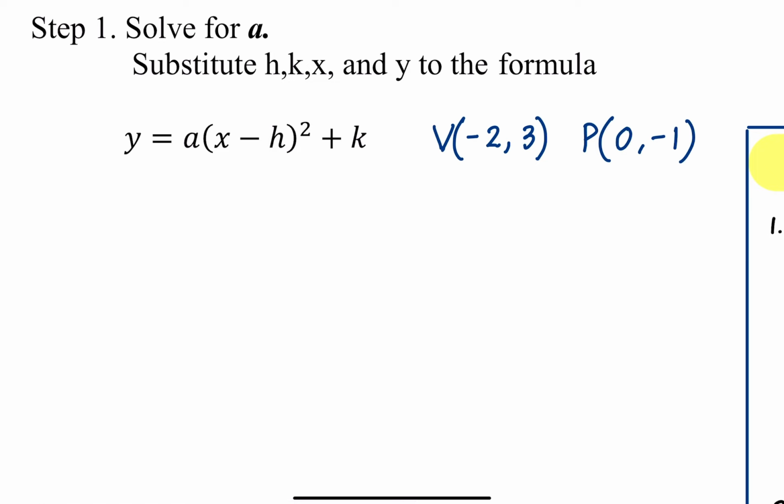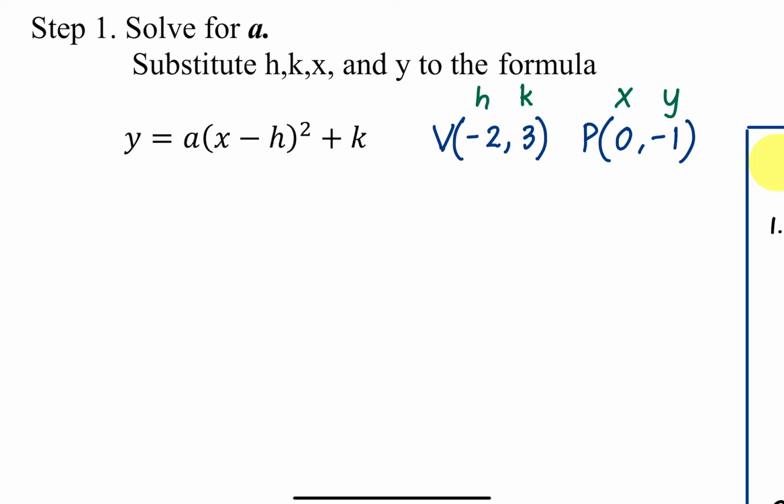Now, we have to label each point. For our vertex, remember class, the first number is h, and the second number is our k. And for the point, we have x and y.